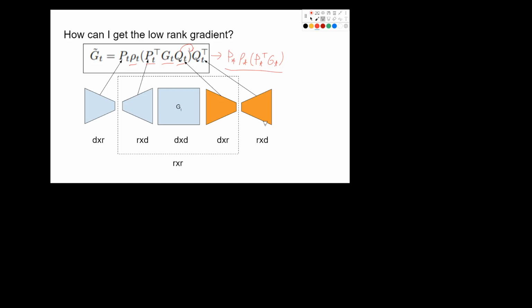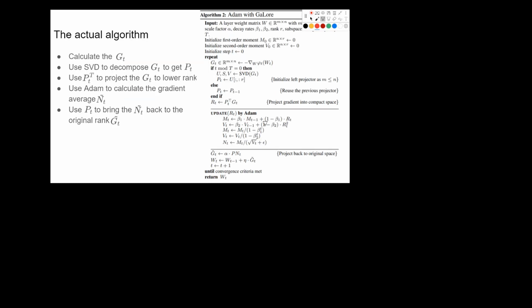So we can see that in the algorithm, the Adam with GaLore algorithm. Initially we use a normal backpropagation to decide the GT here. And then we need to decide the PT by using the SVD.